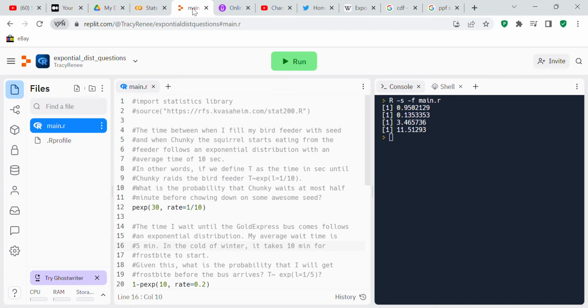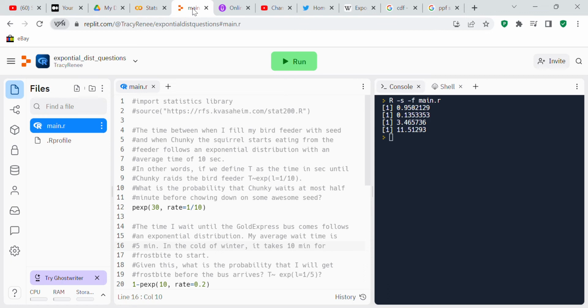The first question is: the time between when I fill my bird feeder with seed and when Chunky the squirrel starts eating from the feeder follows an exponential distribution with an average time of 10 seconds. In other words, if we define t as the time in seconds until Chunky raids the bird feeder, t is distributed as exponential with rate lambda equals 1/10. What is the probability that Chunky waits at most half a minute before chowing down on some awful seed?